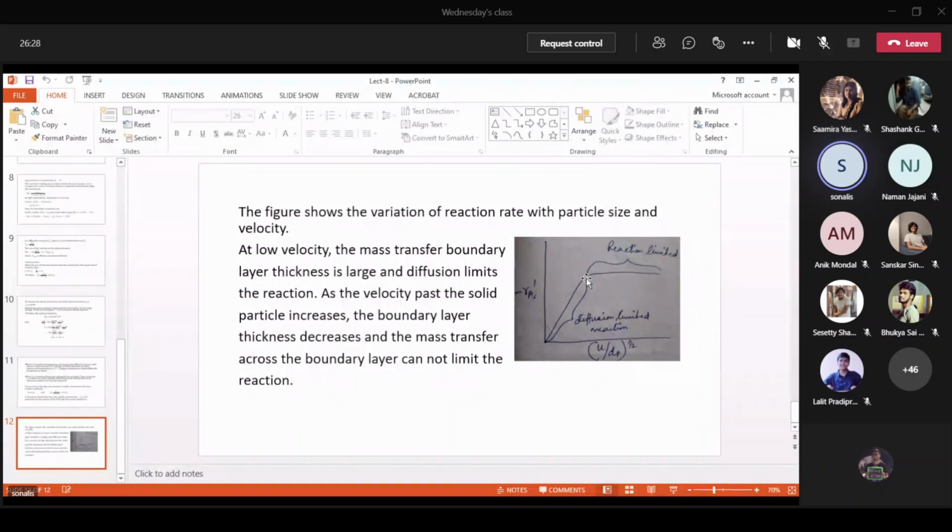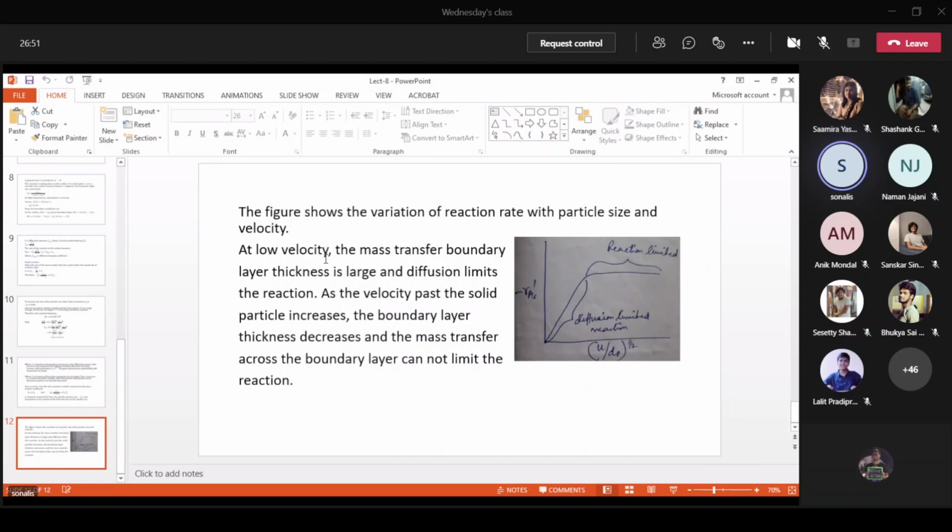So here it is reaction limited. When it is reaction limited, obviously the rate of the reaction does not depend on U or dP. For that reason, this line is a straight line parallel to the x-axis.